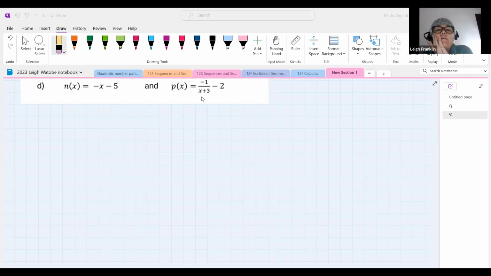Paul, is it possible that we're given a random point on the graph? They can't just give you a random point.